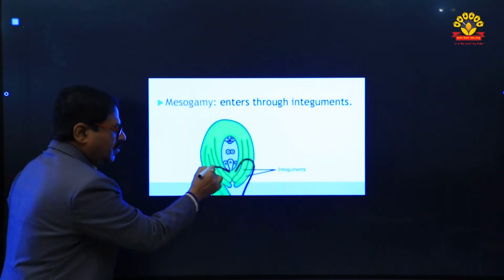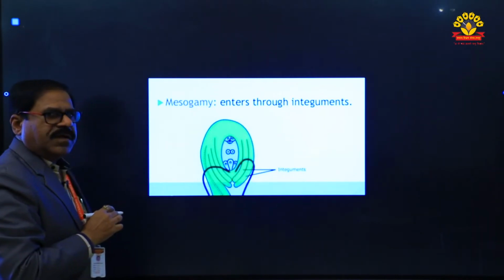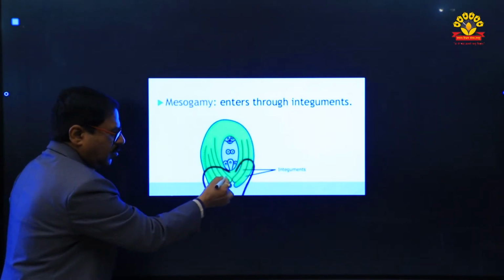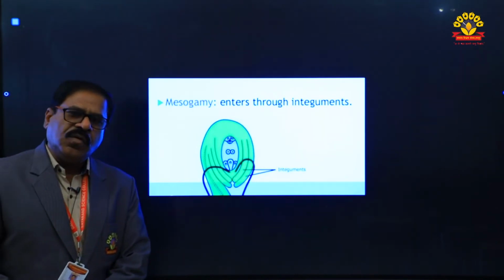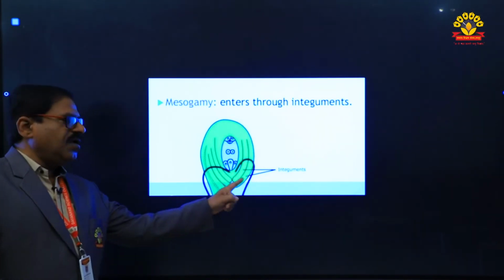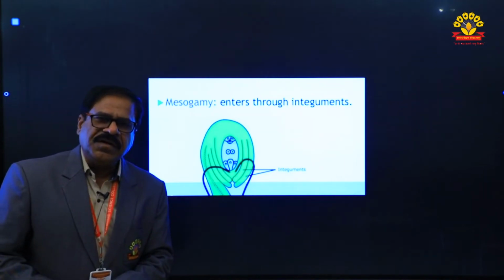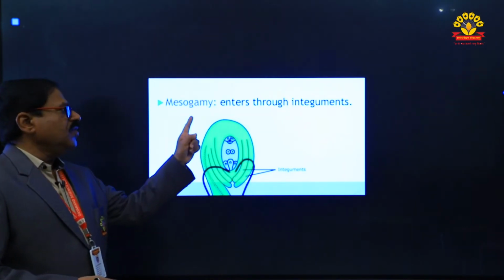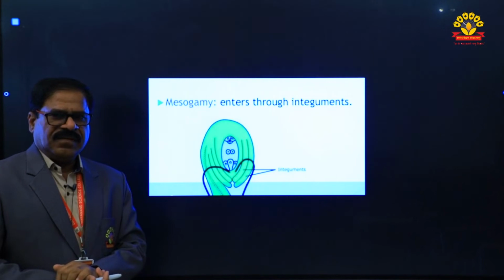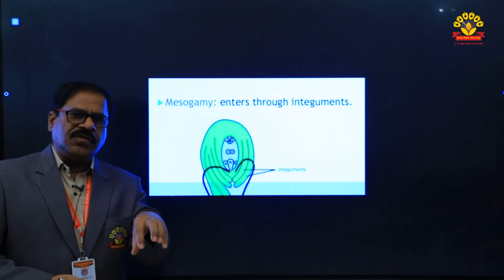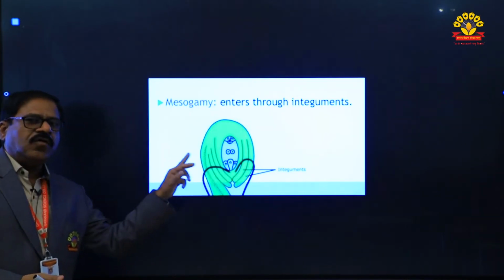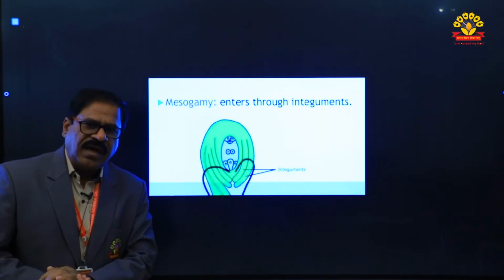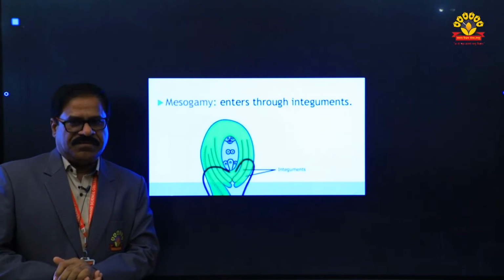These are the integuments, the protective covering of the ovule body, and through this integument the pollen tube enters the ovule body. This entry of the pollen tube is known as mesogamy. Entry of the pollen tube in the ovule body through integuments is known as mesogamy.